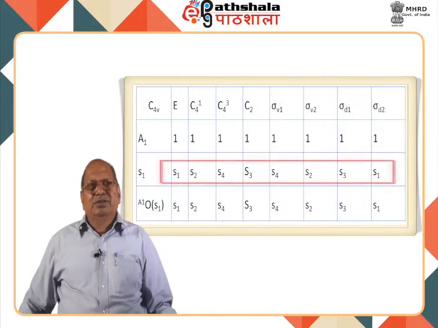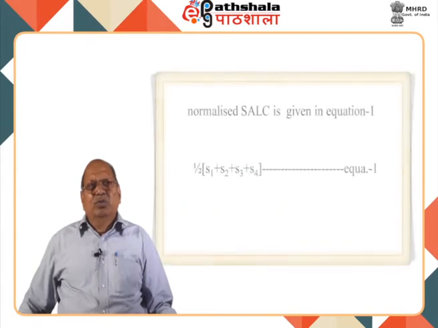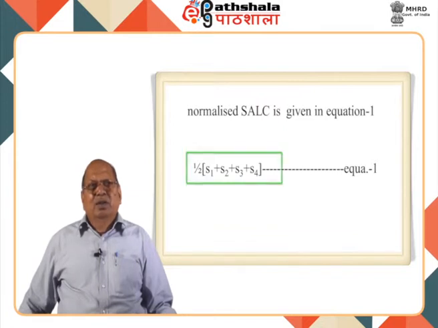After getting this result, we go for the projection operator and we get 1 upon 8 (S1 plus S2 plus S4 plus S3 and so on), and the net result will be S1 plus S2 plus S3 plus S4. So, the normalized SALC is given in equation 1 as 1 upon 2 (S1 plus S2 plus S3 plus S4).